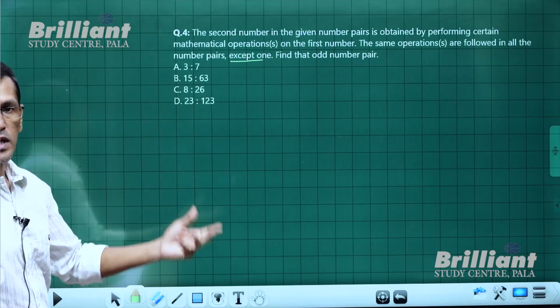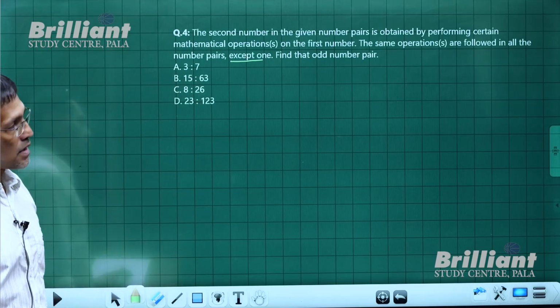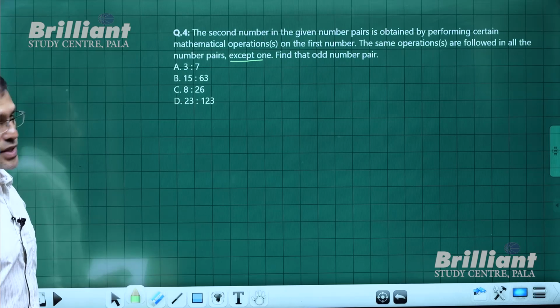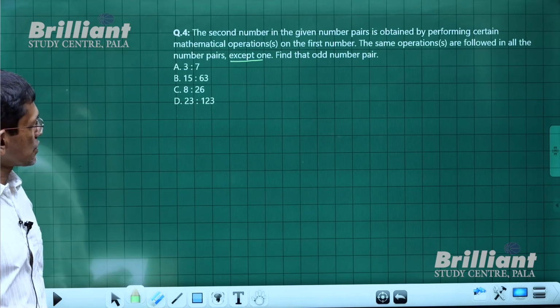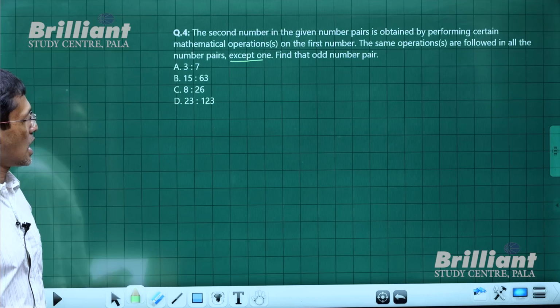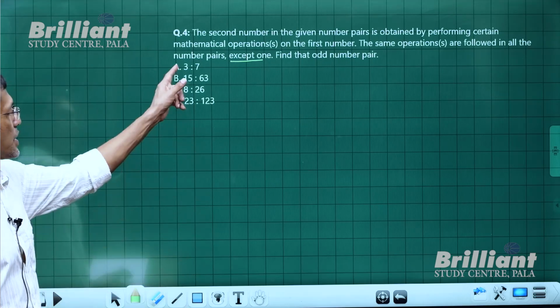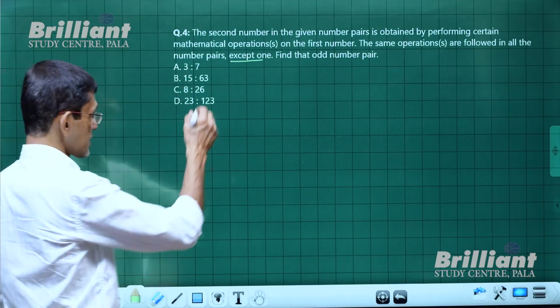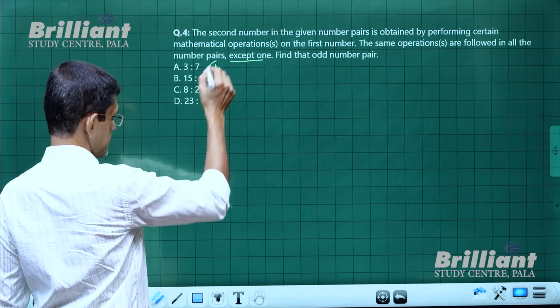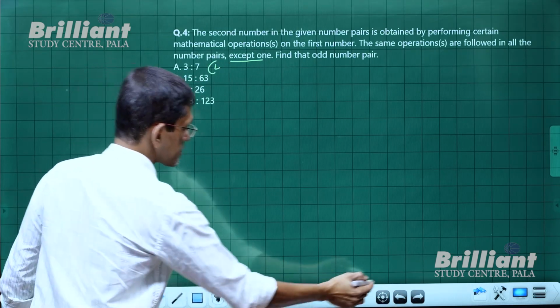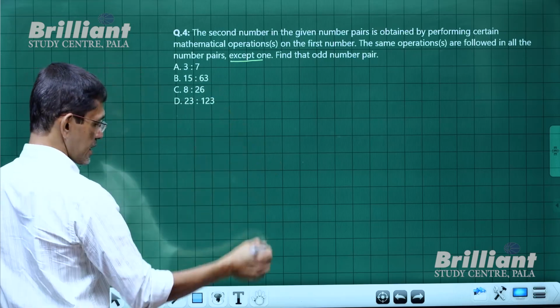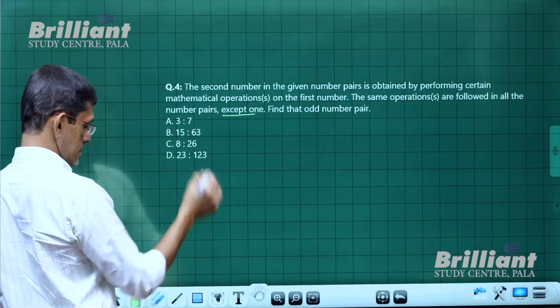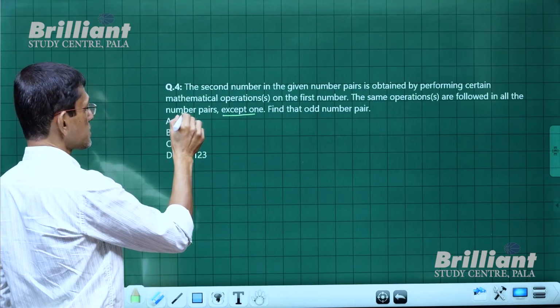3 and 7. What is the connection? 3 and 7, 15 and 63, 8 and 26, 23 and 124. Well, 3 and 7, if you take the difference, what is it? 4. The difference is 4.